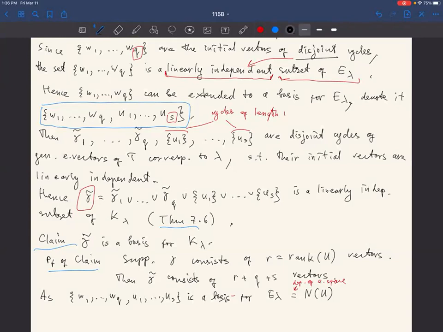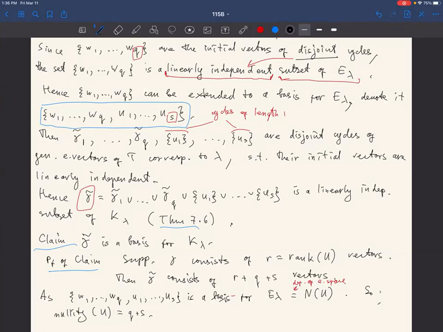We know the dimension for the range, the rank of U. So maybe we can use the rank nullity theorem for U. So we have that the nullity of U is equal to Q plus S, right? Because R is the rank, so nullity is Q plus S.